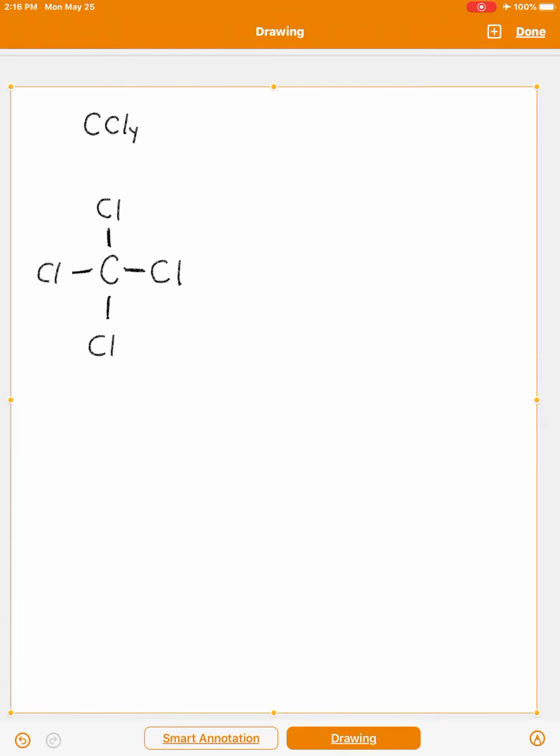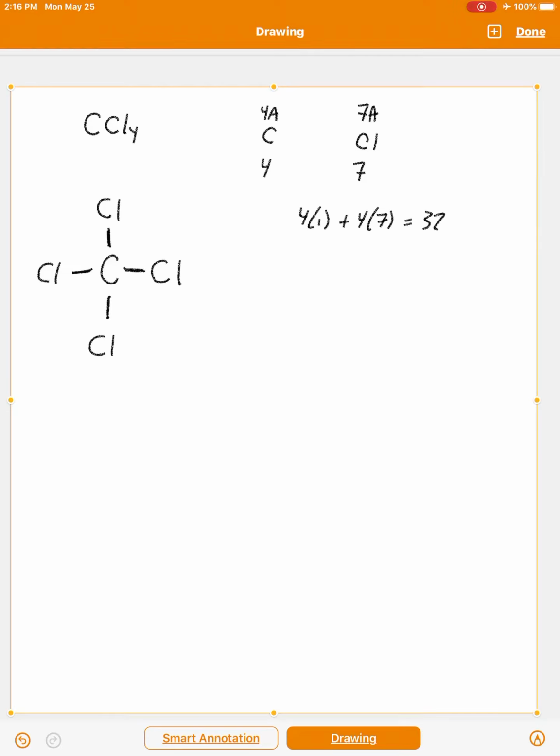Surrounding atoms are chlorine. The next thing we do is we count up valence electrons. Carbon is in column 4A, so it has 4 valence electrons. Chlorine is in column 7A, so it has 7 valence electrons. We add them up. There's 1 carbon and 4 chlorines.